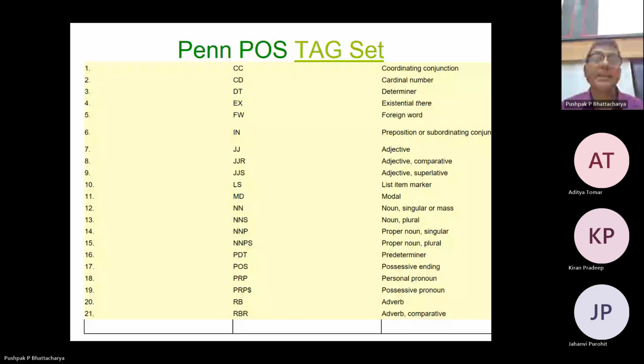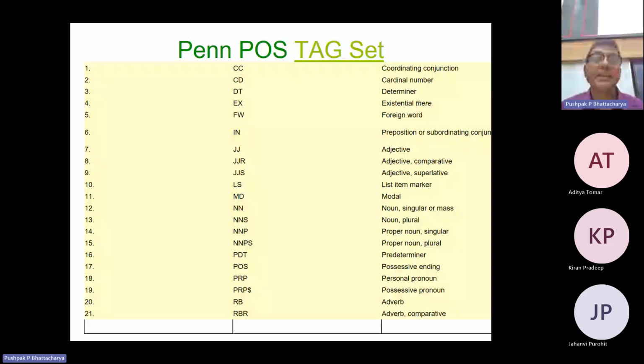So what I said was CC is the tag for and, CD is for numbers, EX is existential, there was a king, and so on. LS, what about LS? List item marker. A text is a text. Many times you have a list. One, let's say grocery. Two, travel. Three, something else, and so on. What do these numbers 1, 2, 3 get?